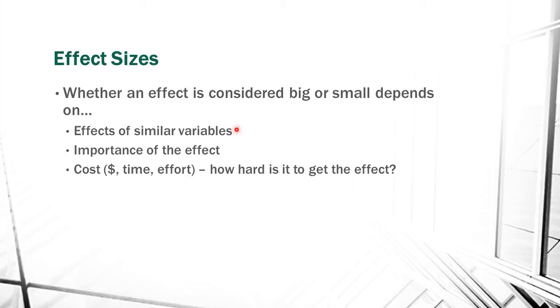If I come to you and I say I have this new selection test that predicts job performance with a correlation of 0.5, well, that doesn't sound like much, right? I'm only halfway to 1, but the very best selection tests we have generally aren't much better than 0.5.